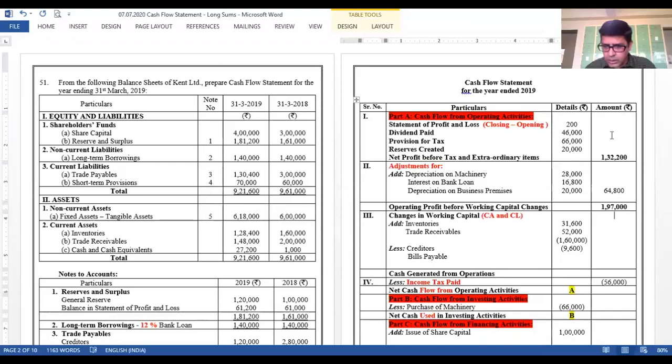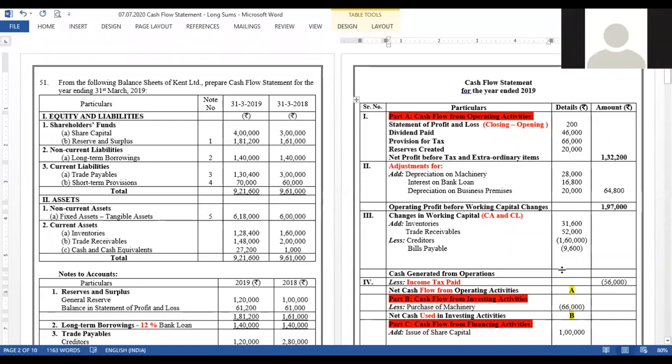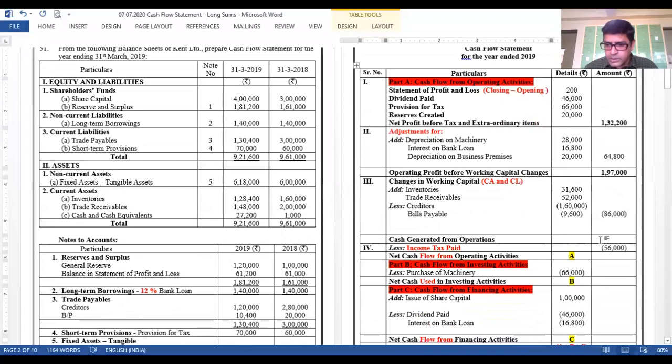Over here, I want you to add and deduct these amounts. 86,000 minus. Okay. Yes, cash generated from operations. 197 minus 86. 111. 111 minus 56.